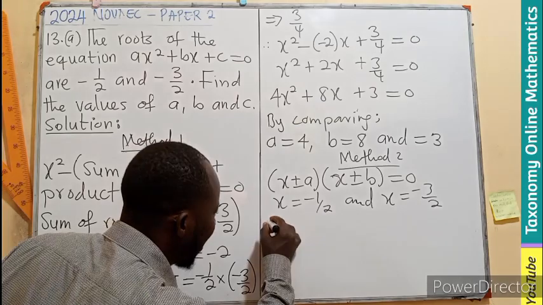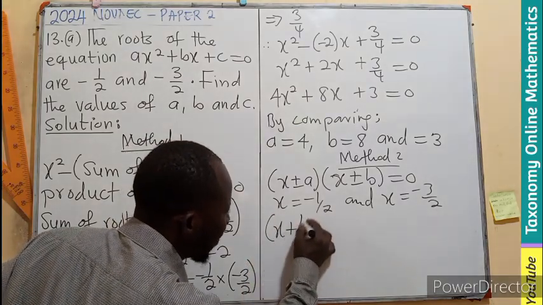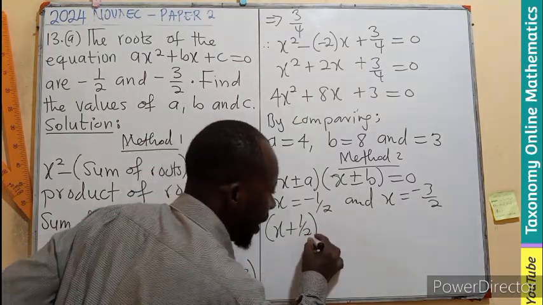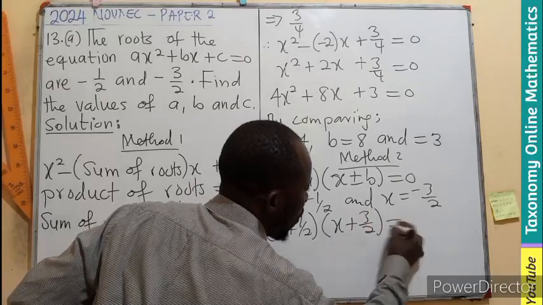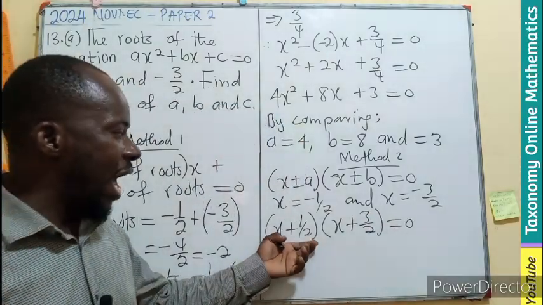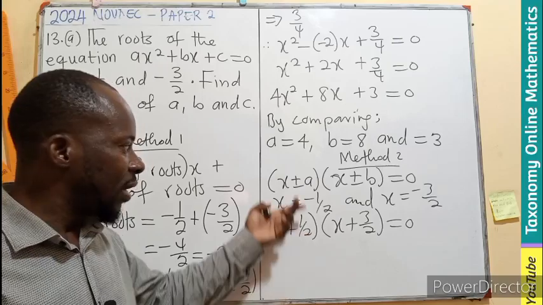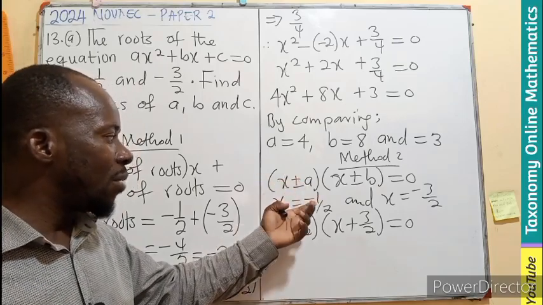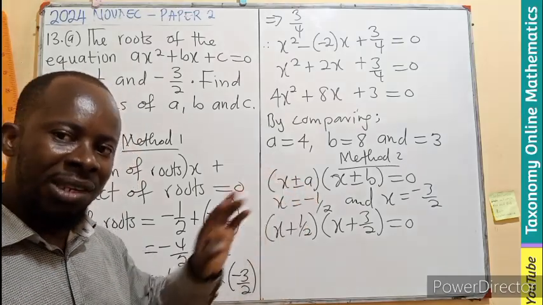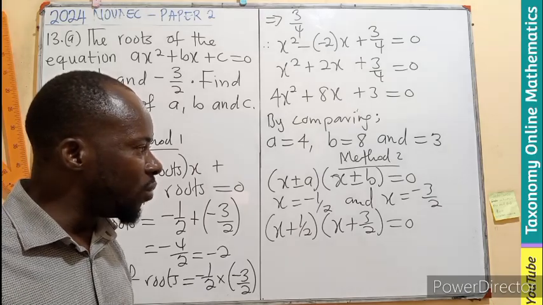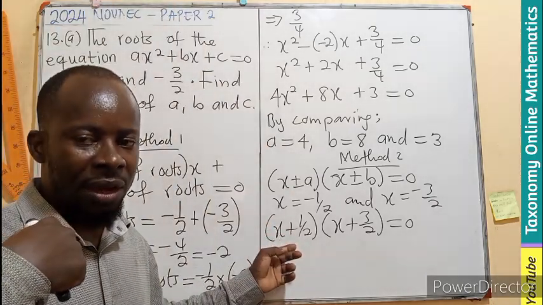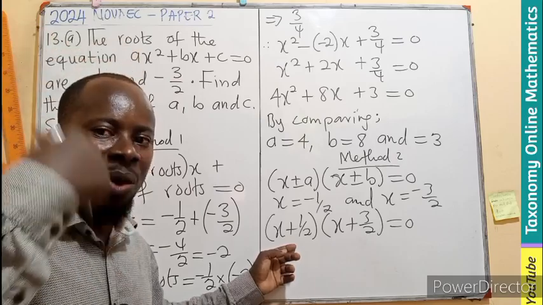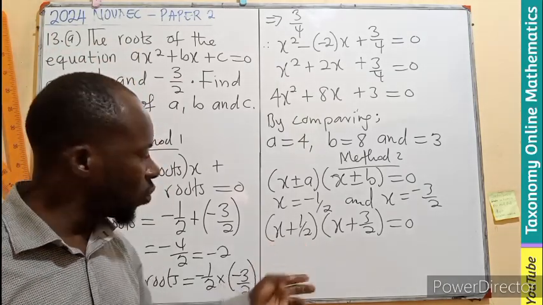So that will mean my equation becomes x plus half, in brackets, times x plus 3 on 2 equals 0. To get the factorized form from here, negative becomes positive, positive becomes negative. That is how the root is taken. If this is expanded, it gives us the quadratic equation. If we factorize the quadratic, we come back to this point.